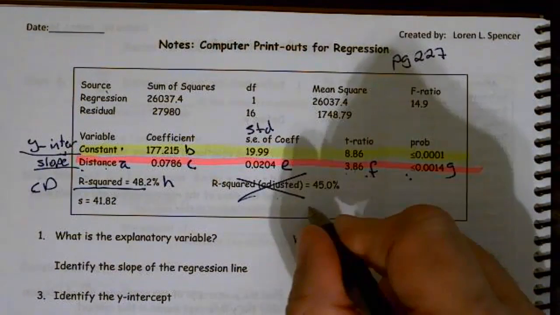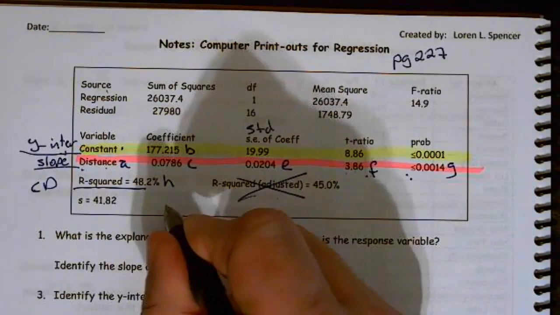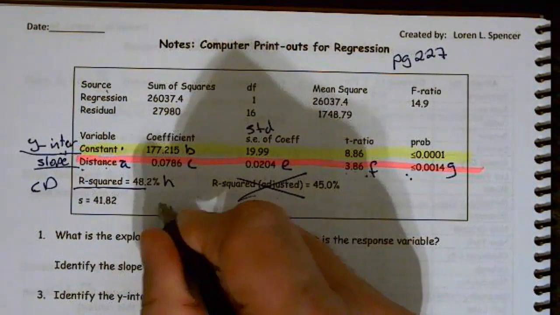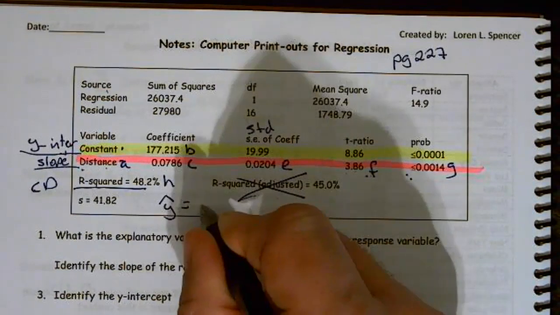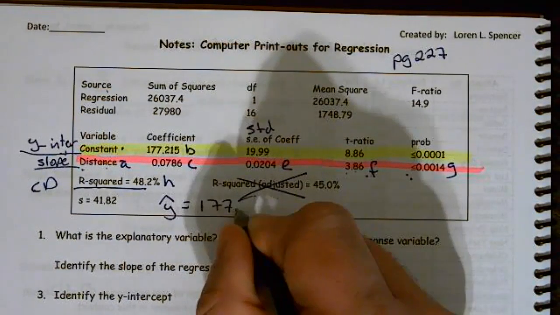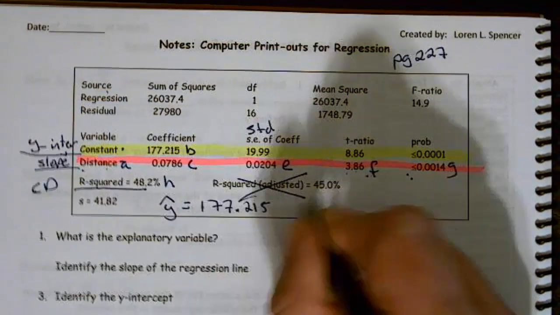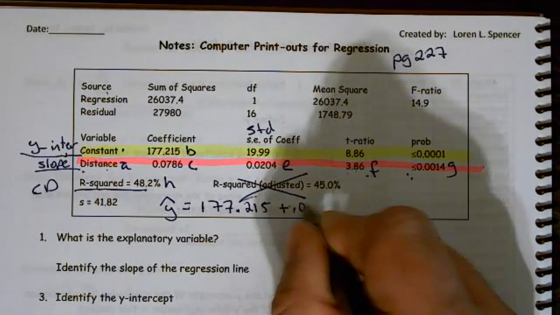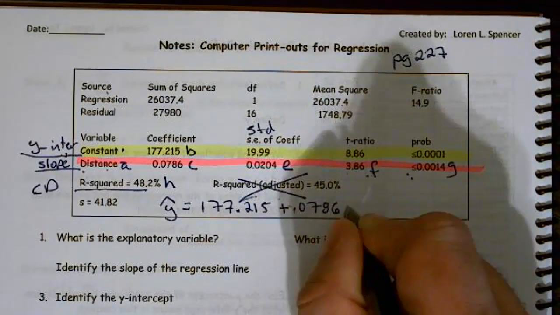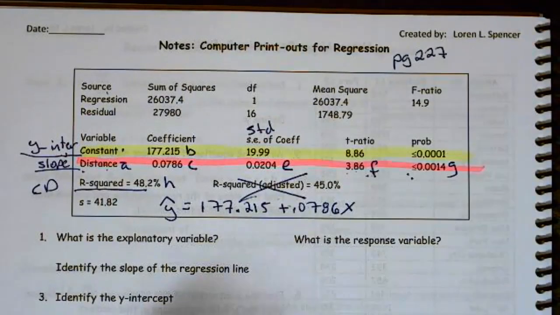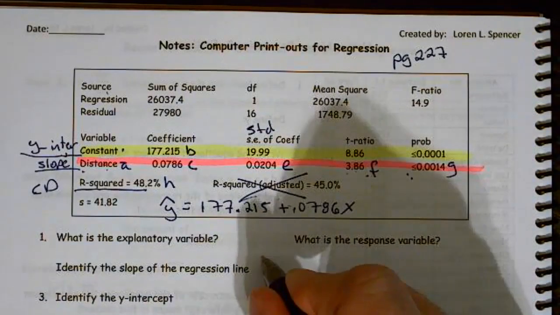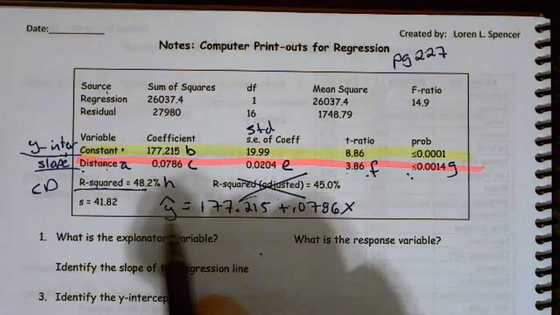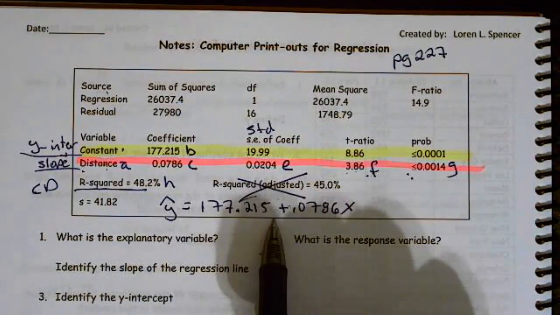And once again, if I were writing my regression equation, I would write it as y hat equals 177.215 plus 0.0786x. Sometimes you'll see it written like this. Actually, I'm just going to leave it at that for today. So y hat equals 177.215 plus 0.0786x.